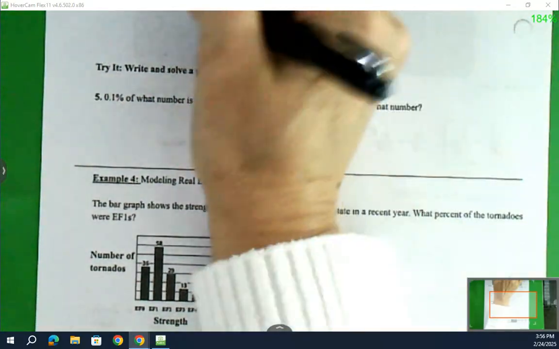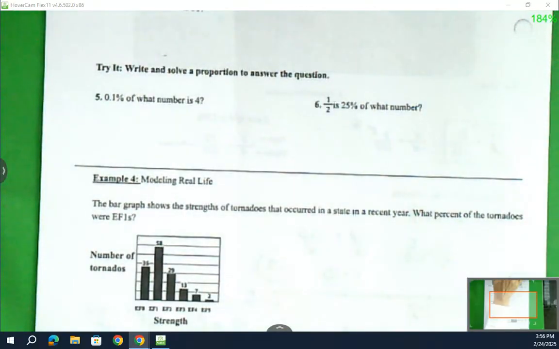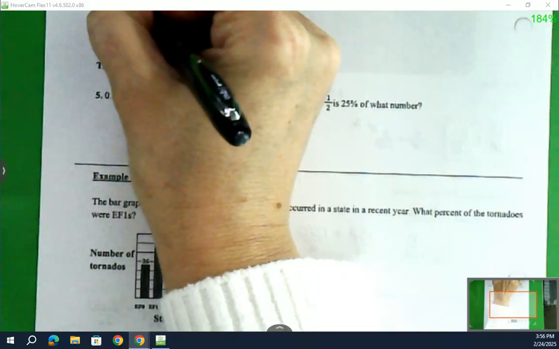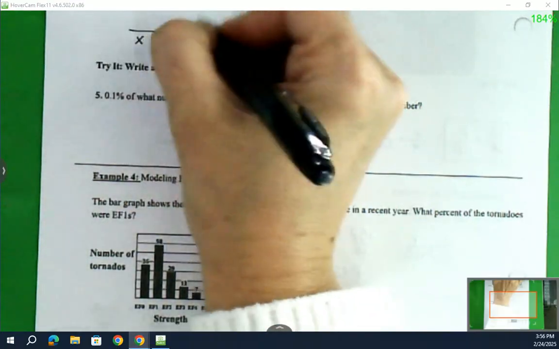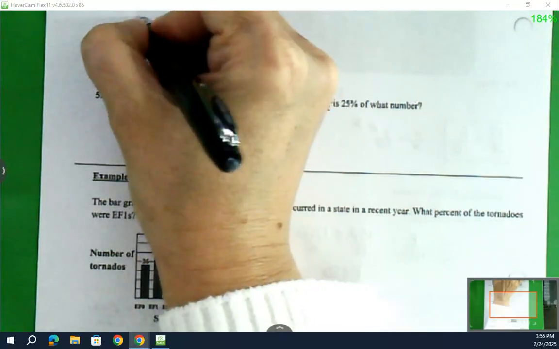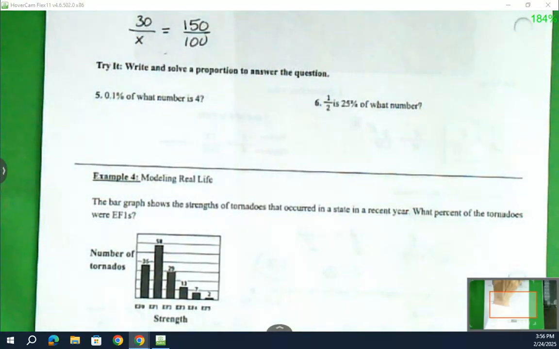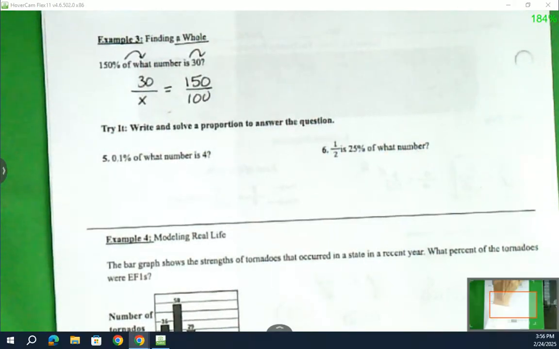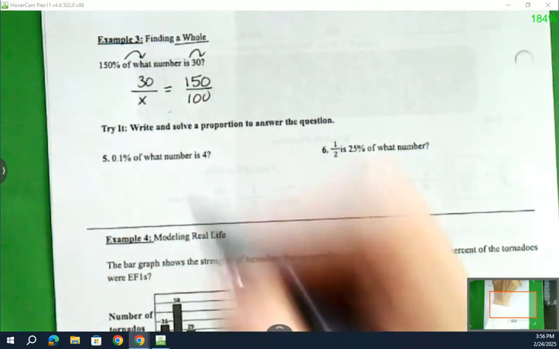Here we're finding the whole. So that would be our denominator, our "of." We don't know our "of." Of what number? We have 150% and is 30. So sometimes you have the numerator, sometimes they're giving you the denominator, and we're finding the value of x.